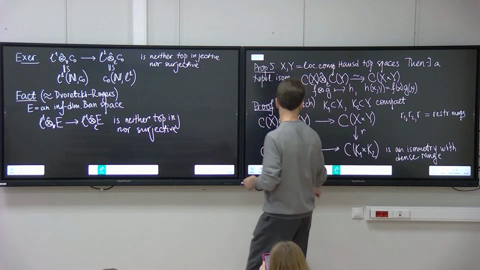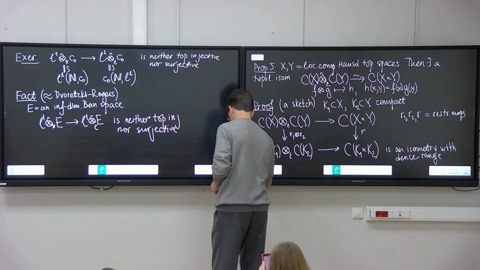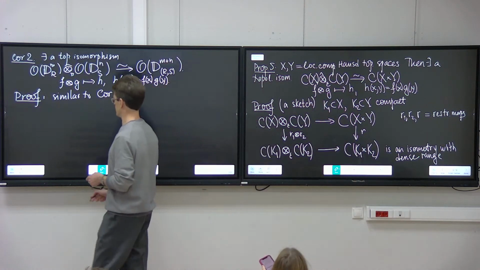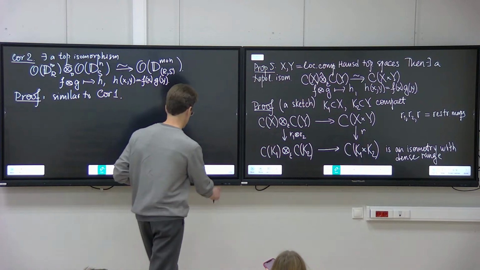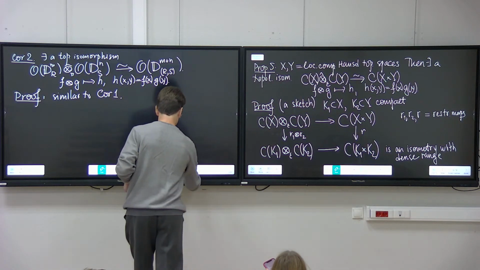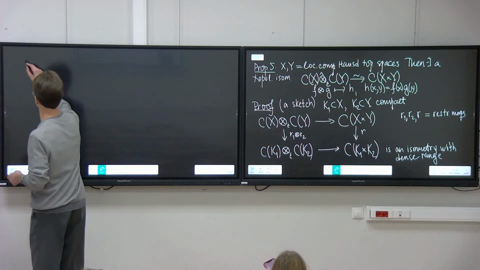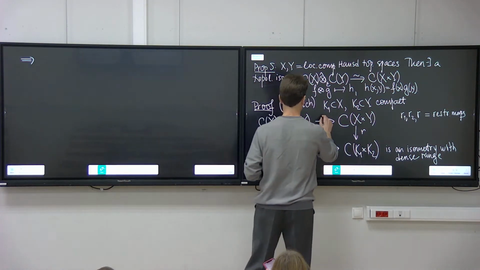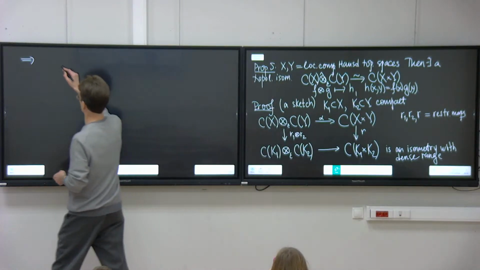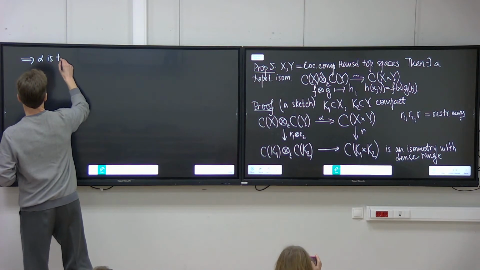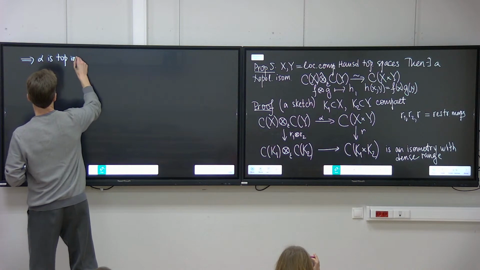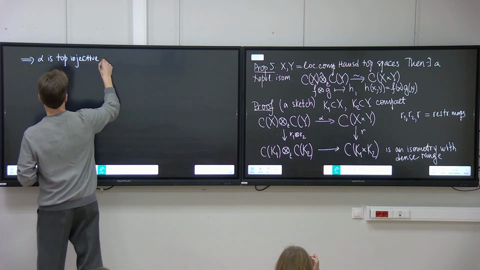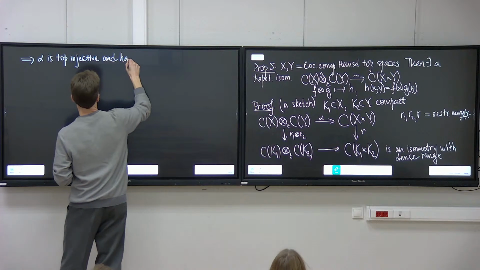And I claim that this property of this arrow readily implies that this arrow, represented by alpha, is topologically injective and has dense range.